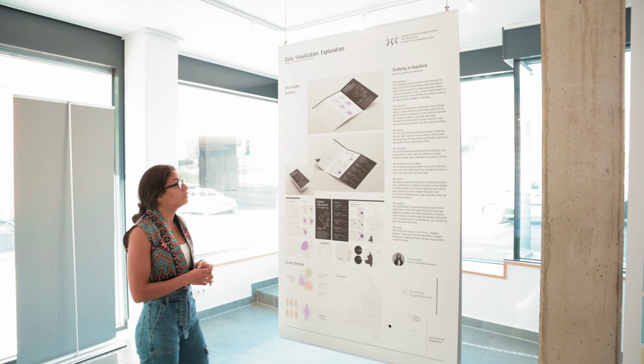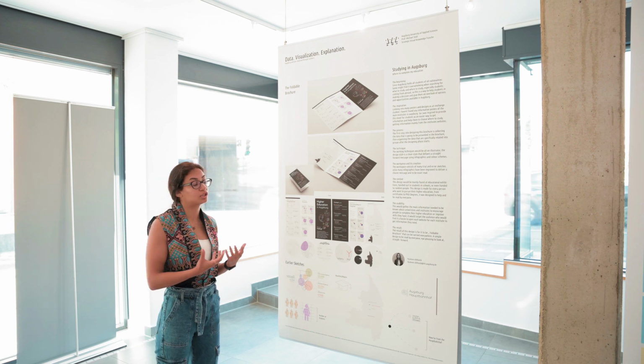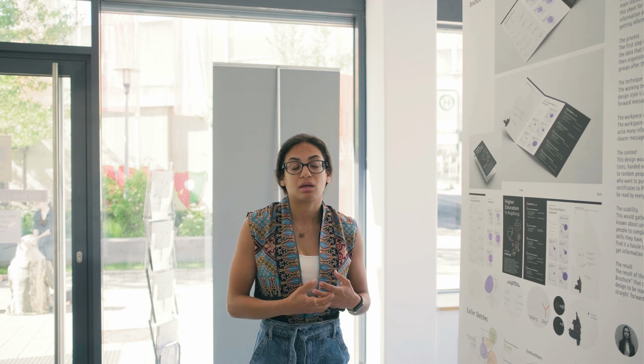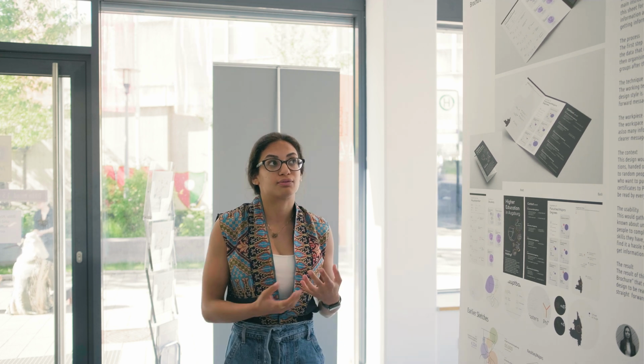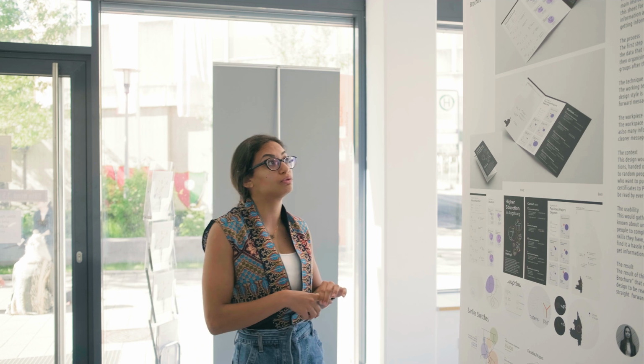So it started with searching for the main institutes and main universities that offer different certificates and degrees here in Augsburg. So I've come down to 5 institutes and universities.